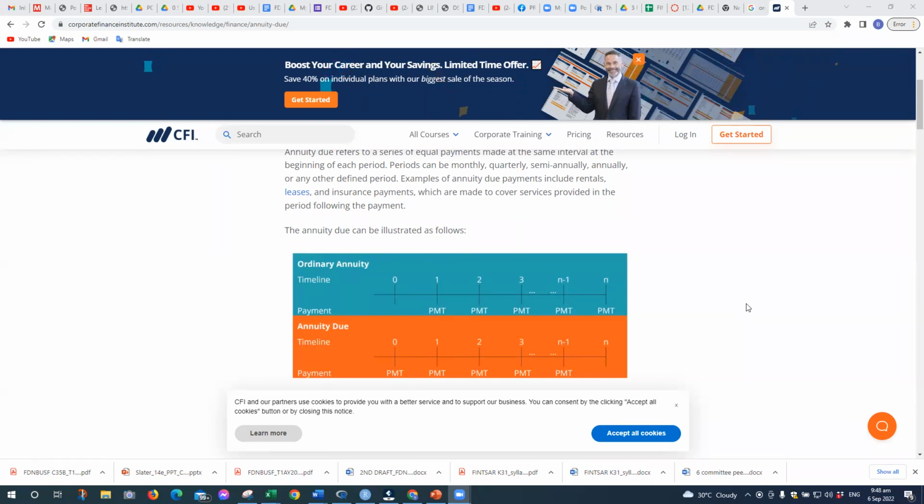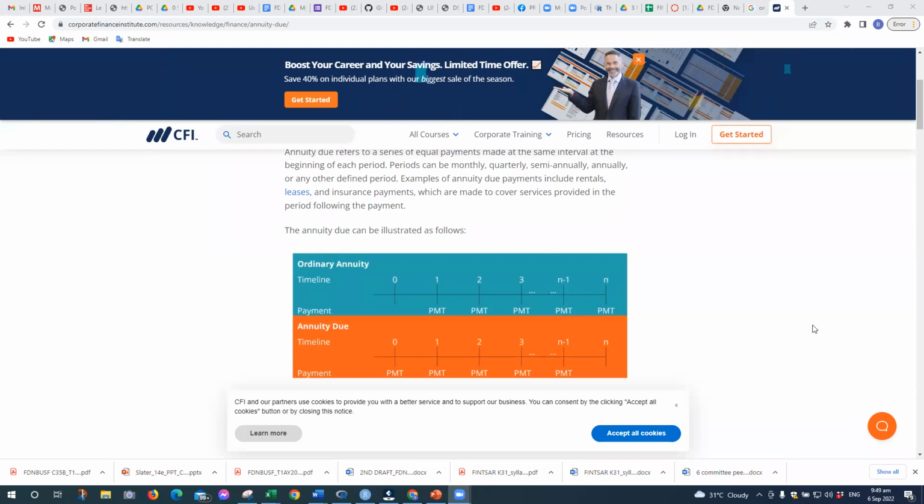Yes, to indicate that the explanation of what ordinary annuity and annuity due is clear, and no means you want me to repeat the explanation. Waiting for your chat, guys. Okay, thank you. Let's give some of your classmates a few more seconds to chat. Okay, good. Thank you so much, guys. Appreciate your participation, appreciate your feedback.